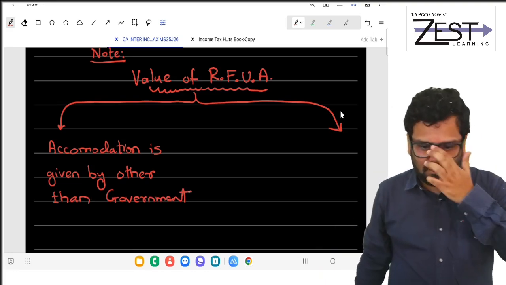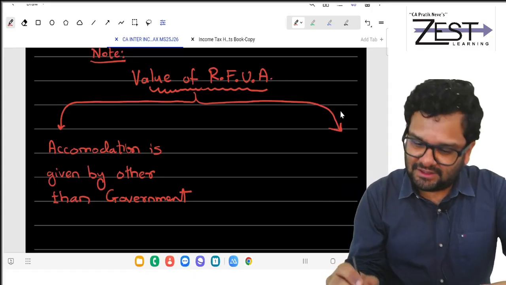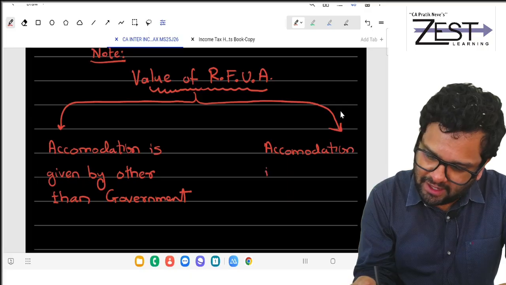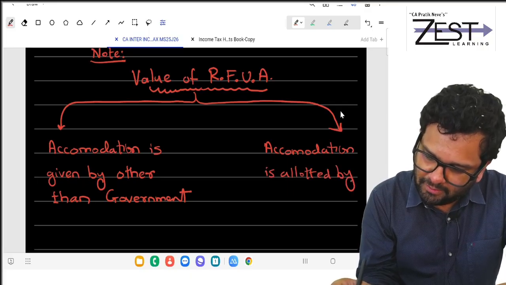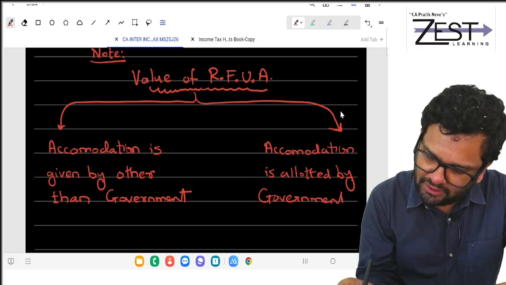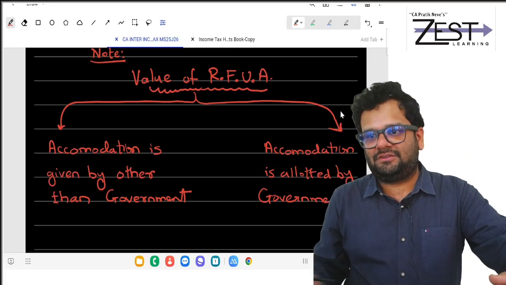And in the second possibility, accommodation is allotted by whom? Government. Usually you have seen government gives quarters. What they give for staying is called quarters.